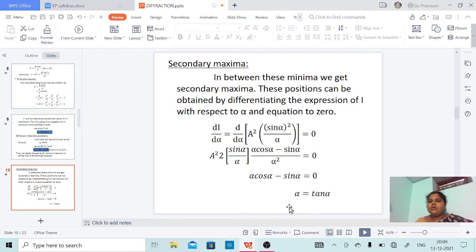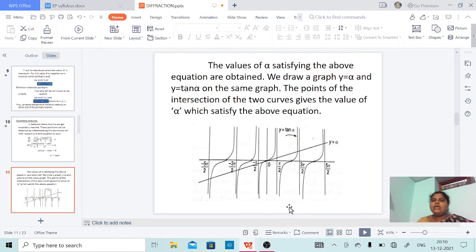So like that, alpha into cos alpha minus sine alpha into 1, by alpha square, equals 0. Now alpha into cos alpha minus sine alpha equals 0. From here we can write alpha equals tan alpha.